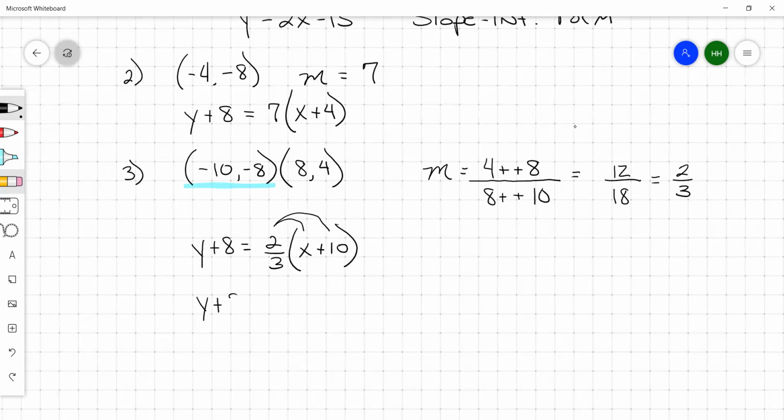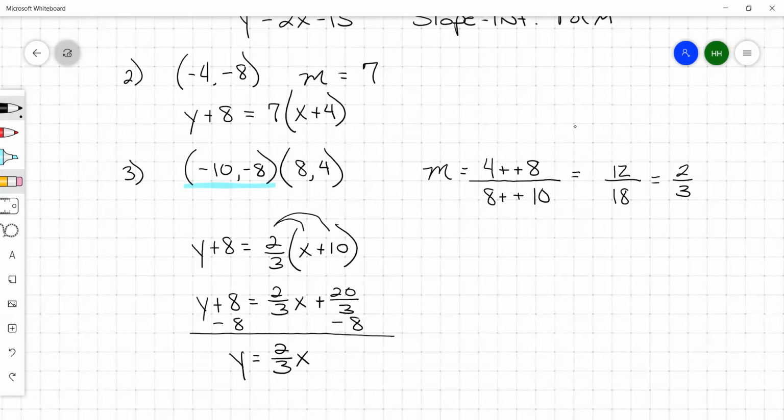So y plus 8 equals 2/3 x plus 2/3 times 10 is 20/3. And then we're going to subtract 8 from each side. So y equals 2/3 x, and then 20/3 minus 8. That's 1 1/3.